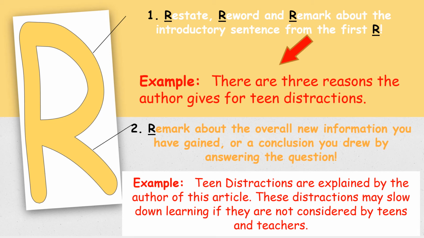So the example that we look at on this page is there are 3 reasons the author gives for teen distractions. You're going to remark about the overall new information you have gained or a conclusion you drew by answering the question. So an example of your remark may be, teen distractions are explained by the author of this article. These distractions may slow down learning if they are not considered by teens and teachers.